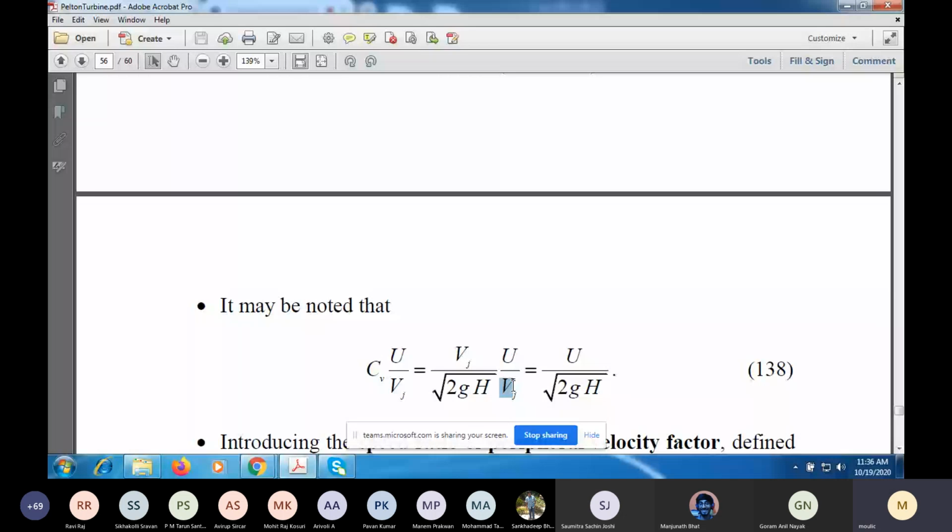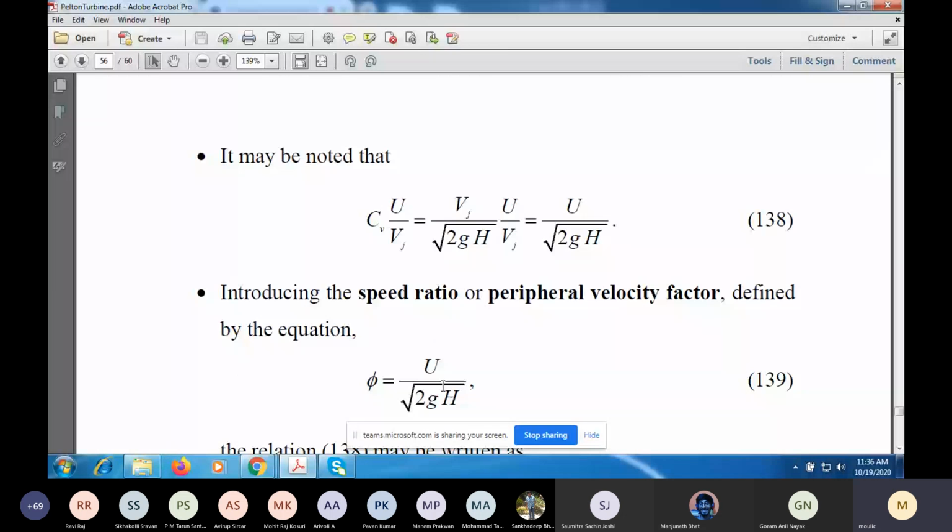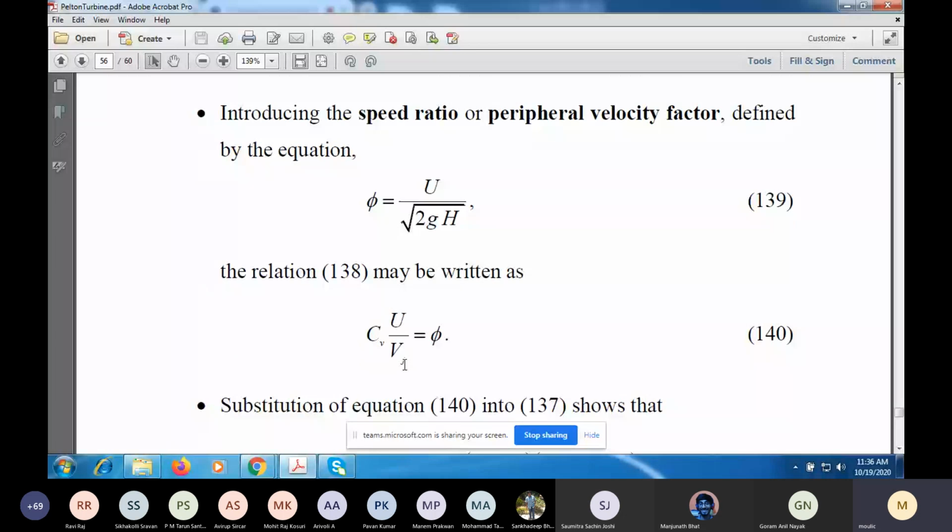So U is the peripheral velocity of the wheel, the translatory velocity at a point at the periphery of the wheel. This is sometimes called the speed ratio, or a better term is peripheral velocity factor, which is not U by Vj, but U by root of 2gh. Okay. So CV times U by Vj you can recognize as phi, which is U by root of 2gh.